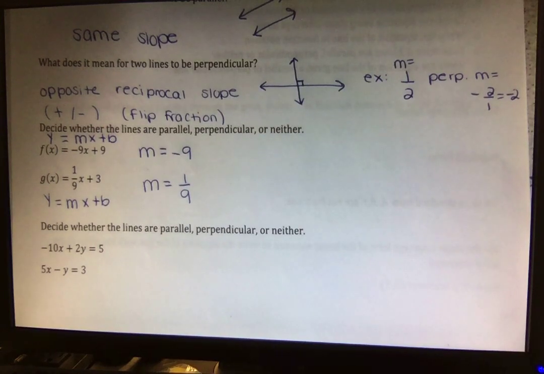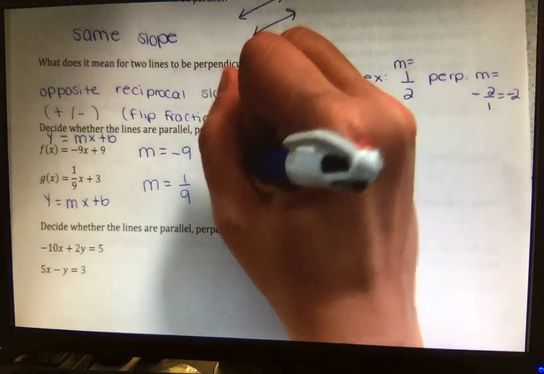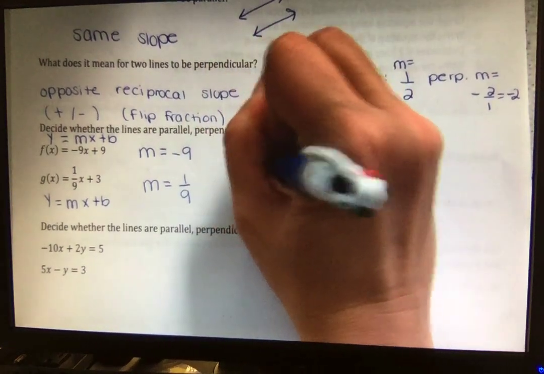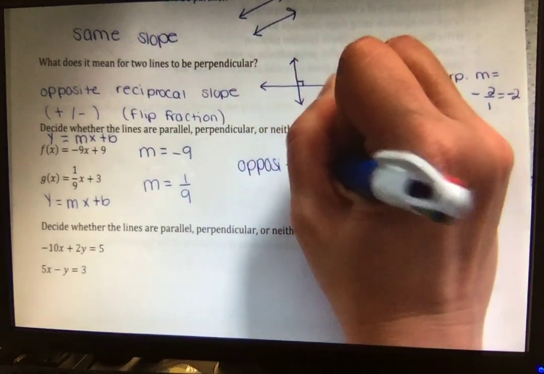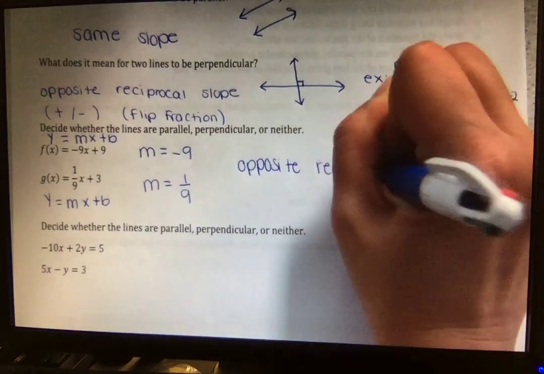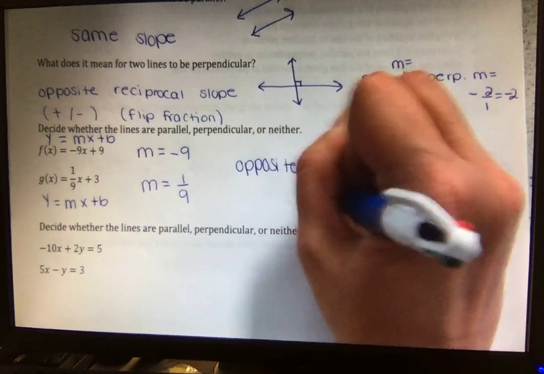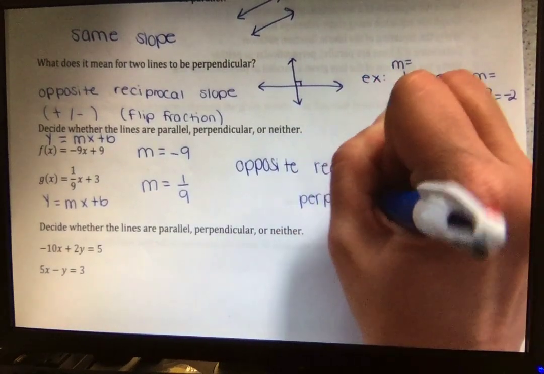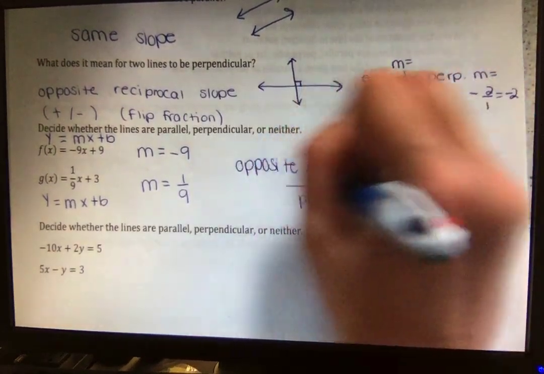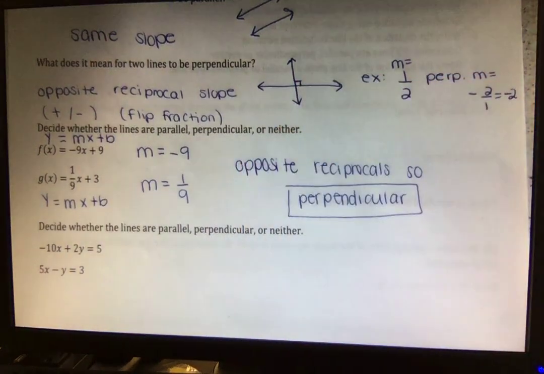The other one's flipped and is now 1/9. So we say they're opposite reciprocals. So we know they're perpendicular.